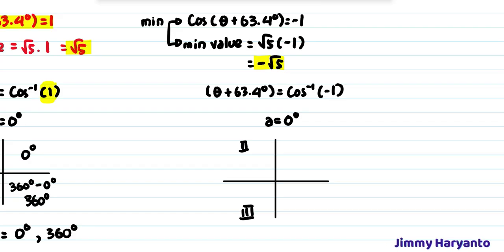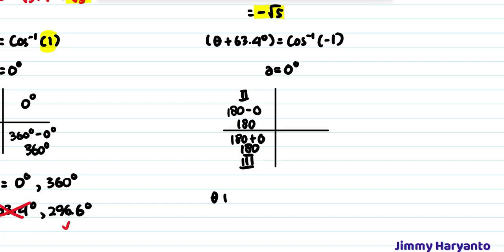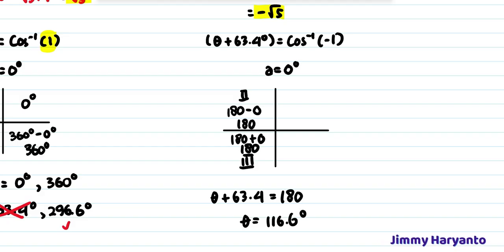In the second quadrant it will be 180 minus 0, that means 180. In the third it will be 180 plus 0 equals 180. That means we only have one solution for this one. Theta plus 63.4 equals 180 degrees, so theta equals 180 minus 63.4, 116.6 degrees. There you go.